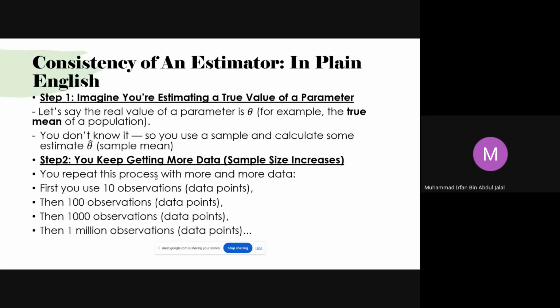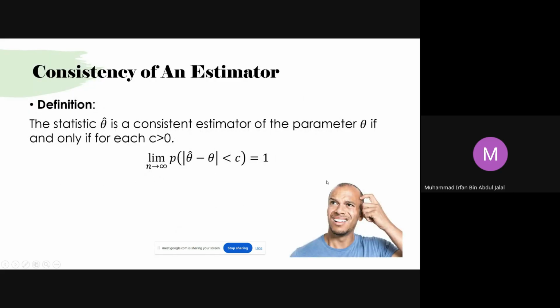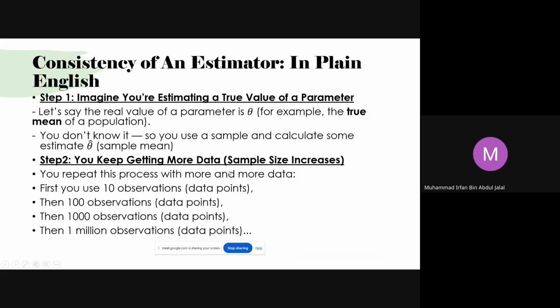Okay, so when you talk about the equation like this, it's always difficult to imagine things. So that's why I try to summarize this in plain English. So imagine you are estimating a true value of a parameter of interest.